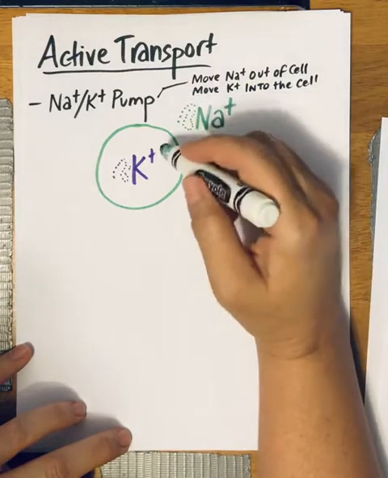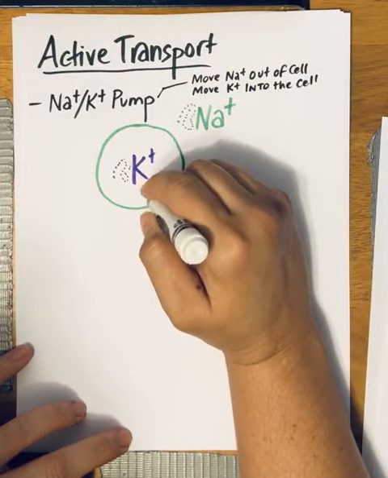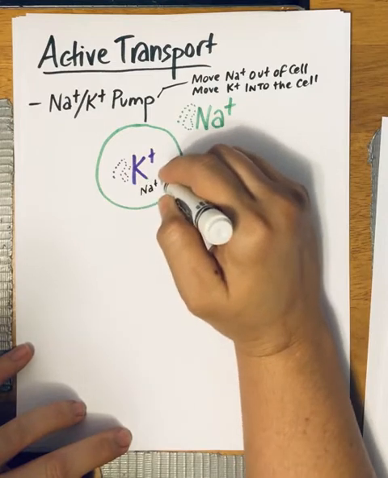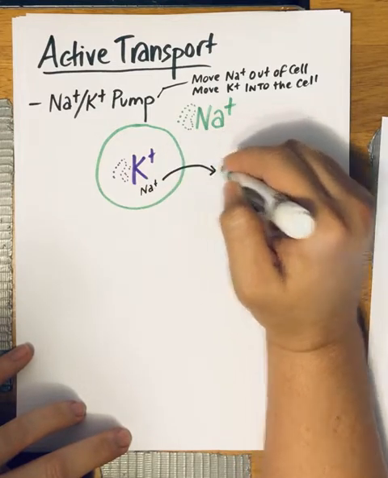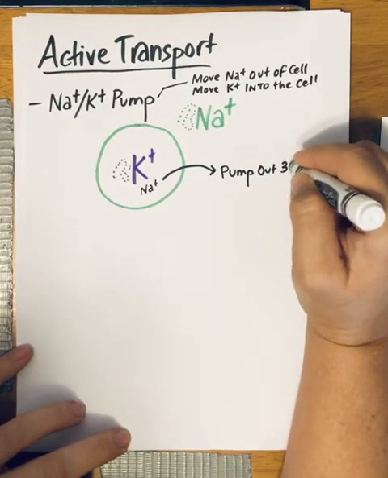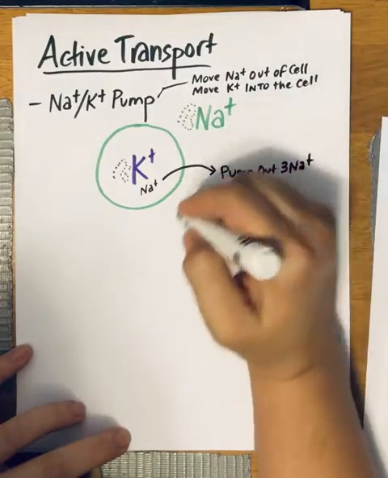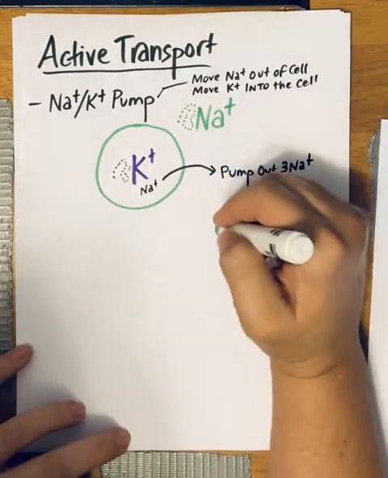So the way you do this is when you have sodium on the inside, you're going to pump it out. So you pump out 3 sodium, and then you have potassium that you need to pump in.